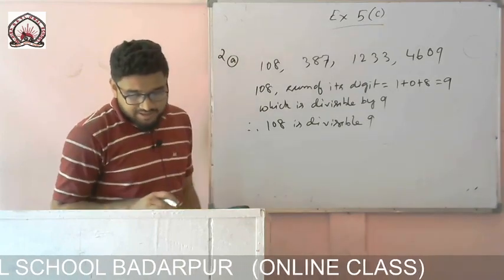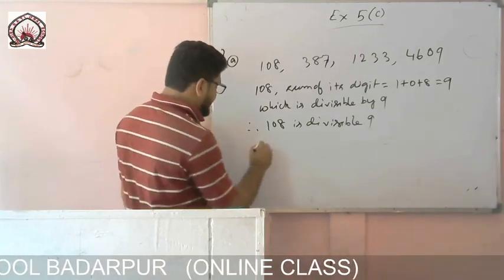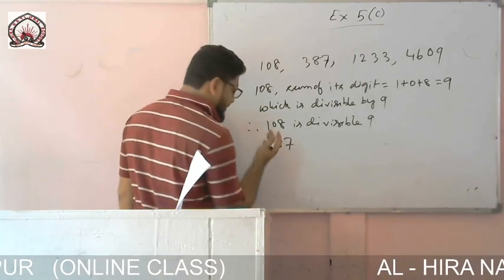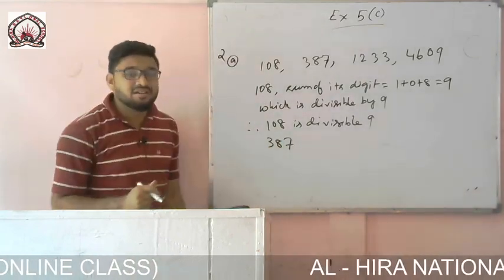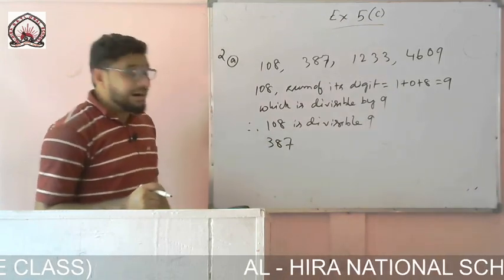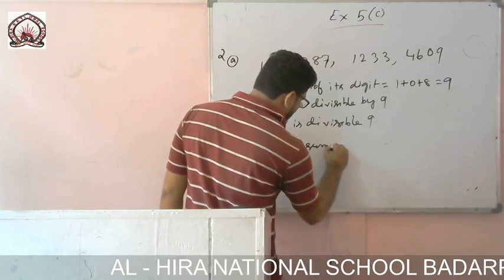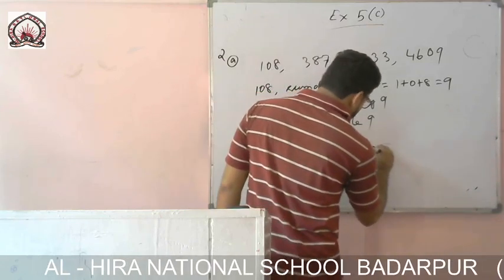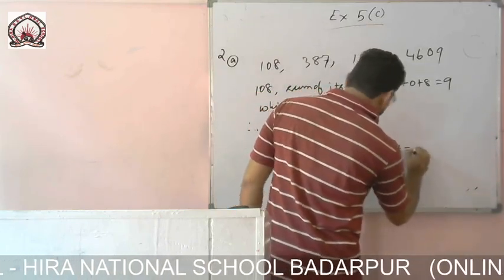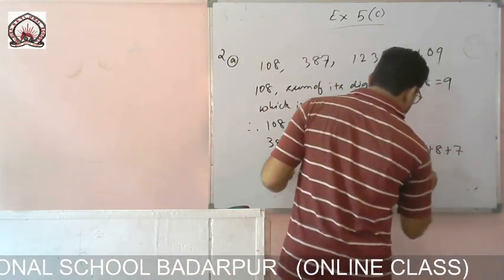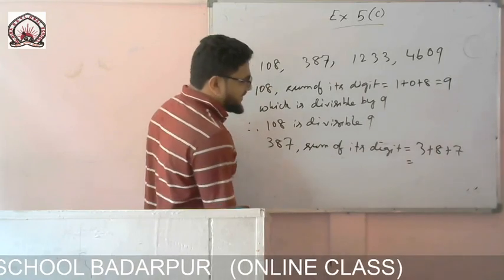Then for the next, 387. For 387, write sum of its digits equals 3 plus 8 plus 7. So how much comes? 11.